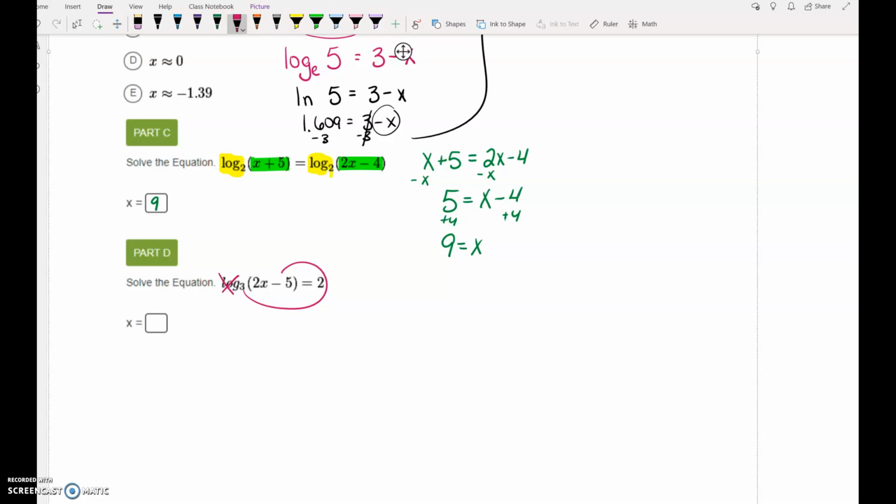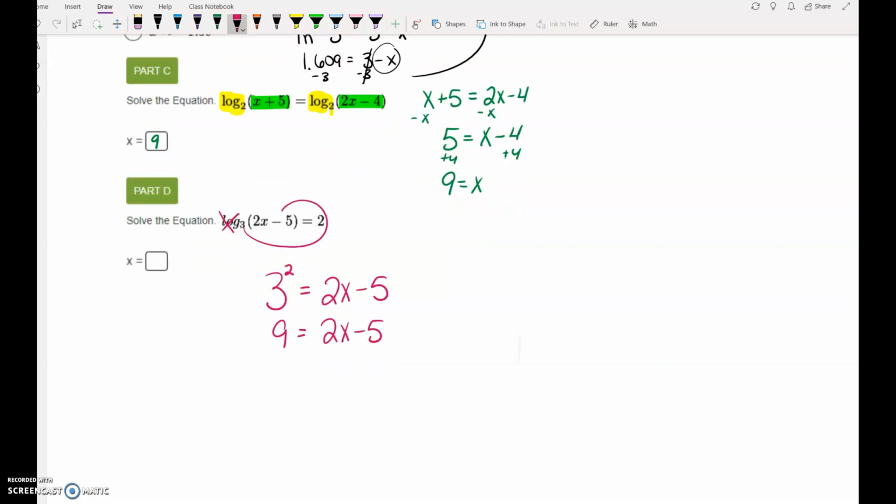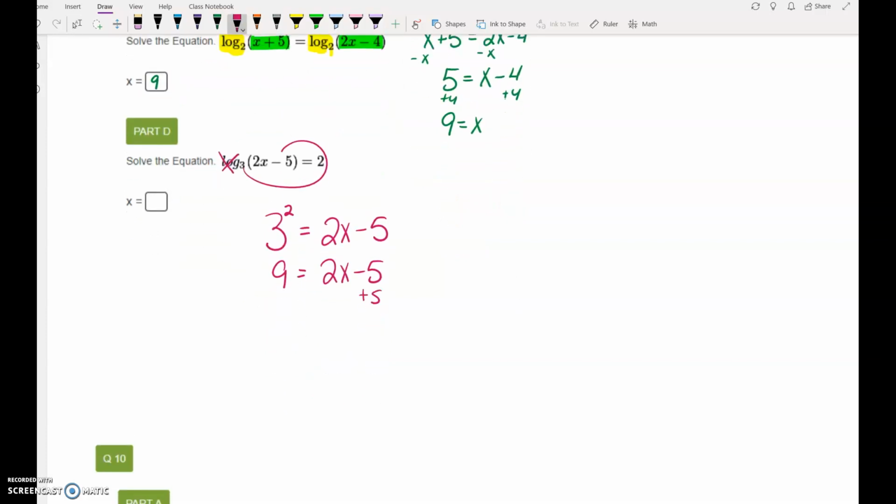We want to start with a 3. 3 squared equals 2x minus 5. So 9 equals 2x minus 5. Add 5 to both sides. 14 equals 2x. So x equals 7.